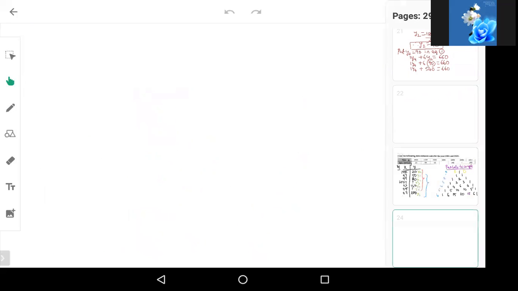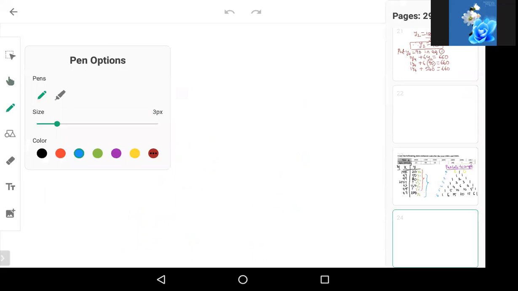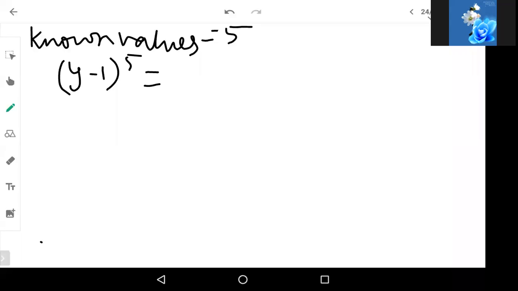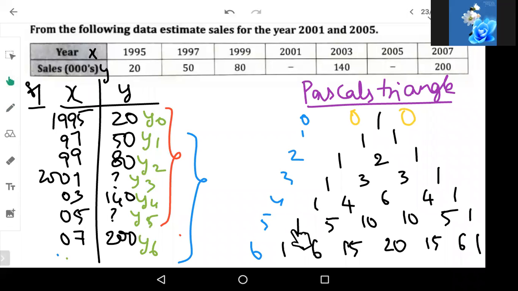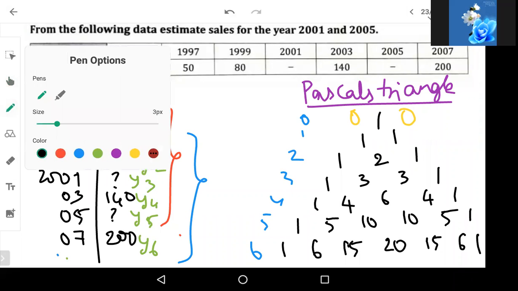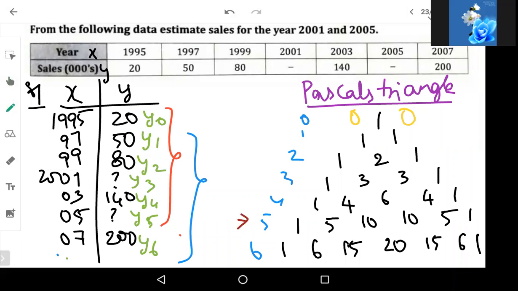Now let us solve this. Firstly, write down known values is equal to 5. So (y minus 1) to the power 5 is equal to 0. So what will be the coefficients? 1, 5, 10, 10, 5, 1. So you are supposed to consider these values, the coefficients.